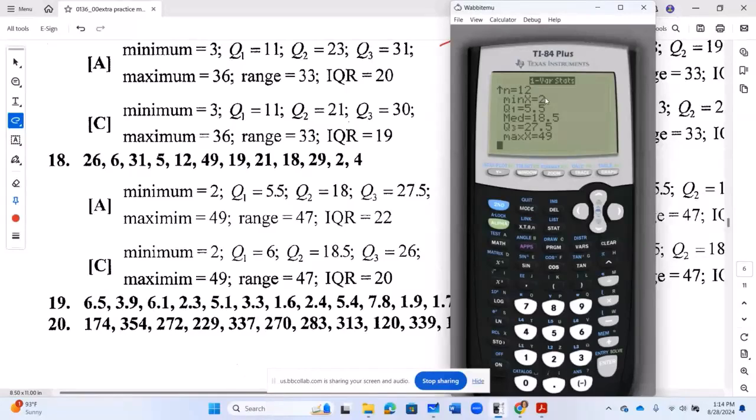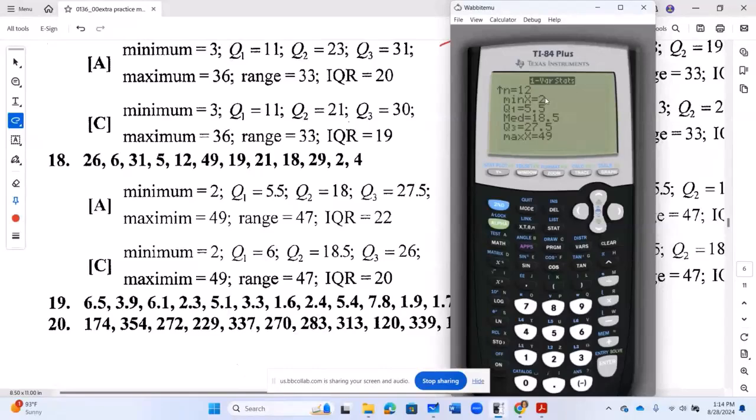Unmute yourself. You can say it loud so I can hear. The range is 27. I bet that's what you said.